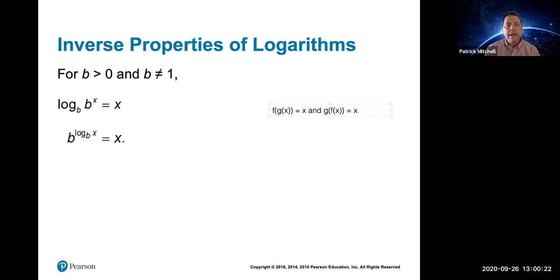Log base b of b to the x equals x, and b to the power log base b of x equals x. So I think I can help you appreciate at least the first property. Again, imagine that this x wasn't here, and I just asked you, what is log base b of b to the x?